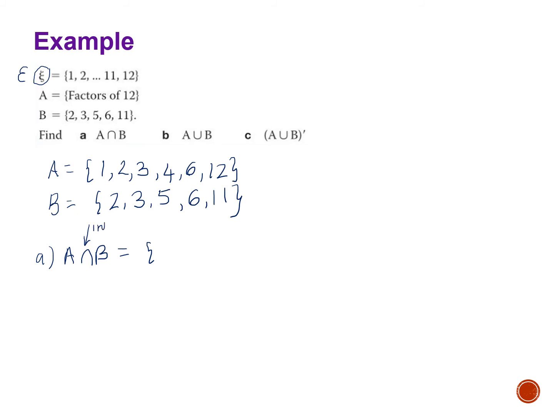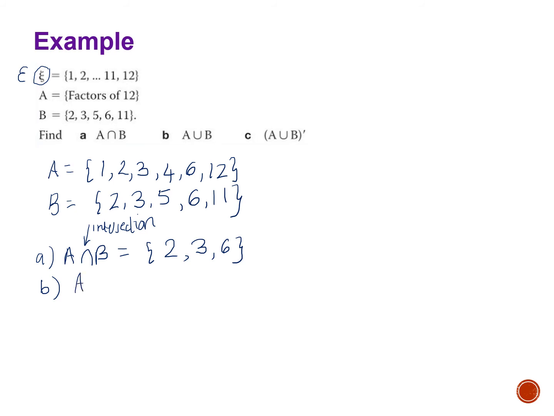So that is the intersection. Remember what intersection meant? That was things that are in both A and B. I've got the 2 lists written up there. So pick out the things that are in both. 2 is in both, 3 is in both, and 6 is in both. Close my bracket.